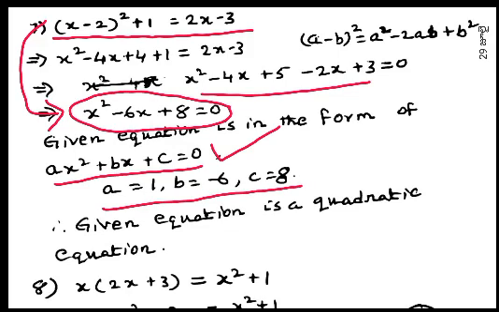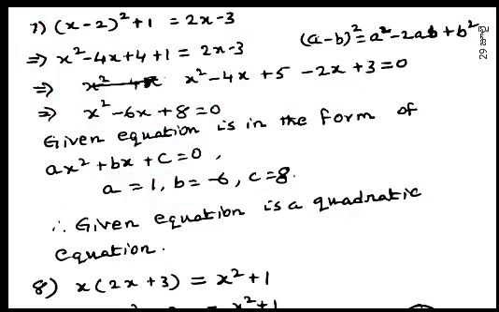Therefore, the given equation is a quadratic equation. This is our conclusion. The given equation is rewritten as x² - 6x + 8. It is in the form of ax² + bx + c = 0. So it is a quadratic equation.